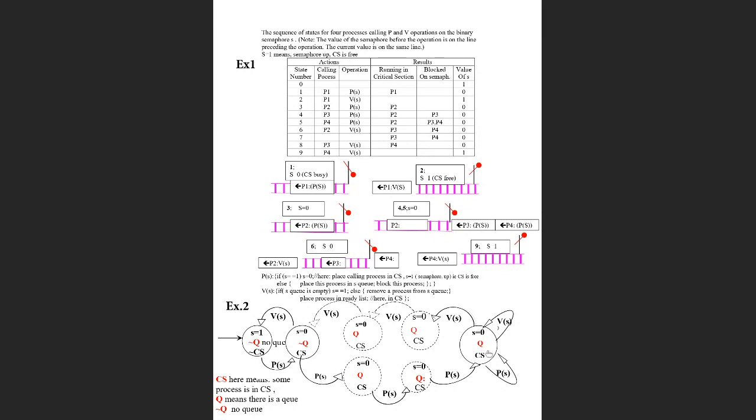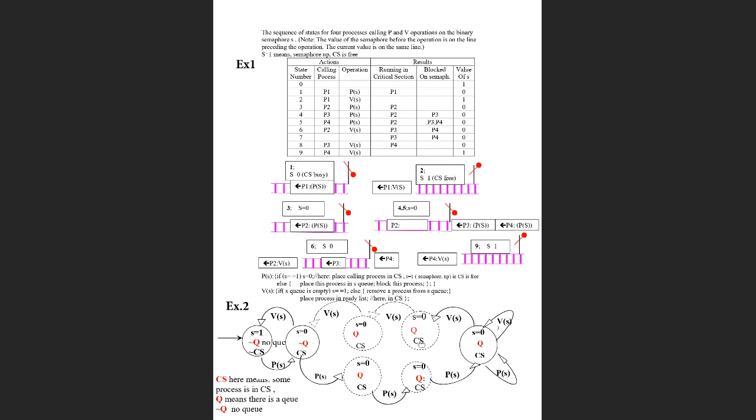Now what may happen? It may happen that the processes are executing one after another, so they execute V of S. The rightmost state is changing a little bit to the left, but in fact, mathematically nothing is changing, because the critical section is still being executed by the process taken from the queue.